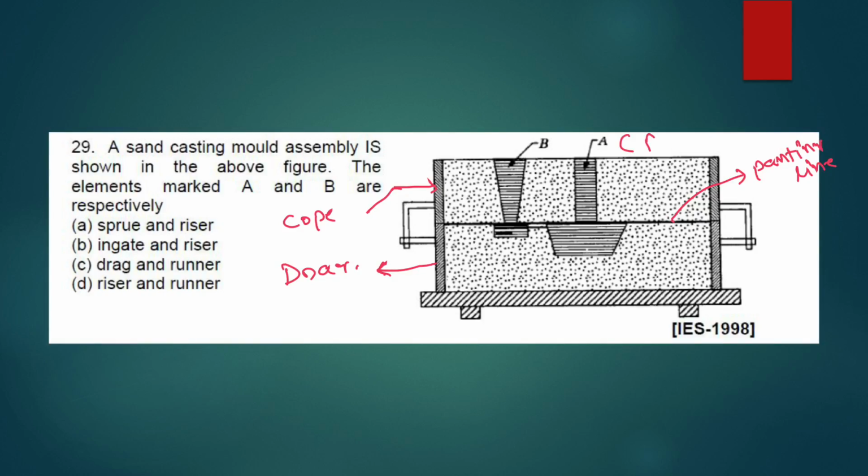This is the mold cavity. Then B is your sprue, then your runner, and your entry point you will call the in gate. So from the options, A is your riser, B your sprue. A is your answer.